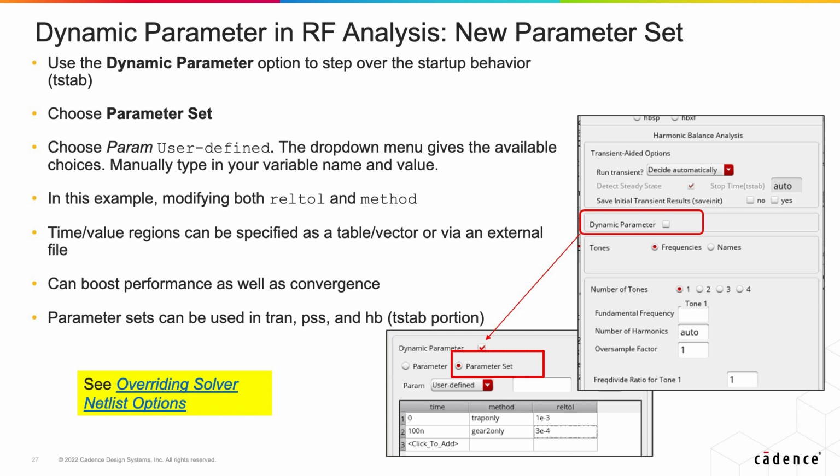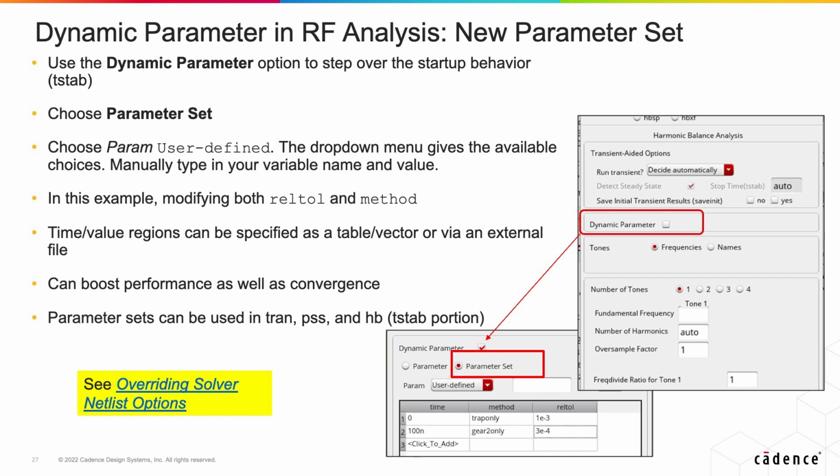But if you do enable it, then actually you can define, say at time equals 0 to 100 nano, you will use trap only and reltol 1e minus 3, and then at 100 nano we will change this to whatever.